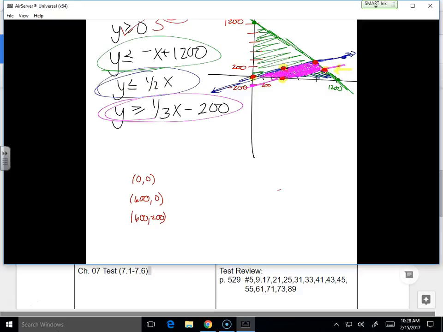This one looks weird. That's the 600, 200, isn't it? Oh, it's not a vertex. So we didn't even need him. Okay, forget him. He's on the region, but he's not an edge, right?